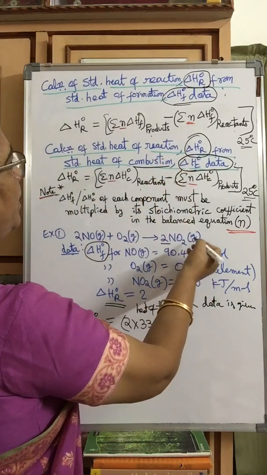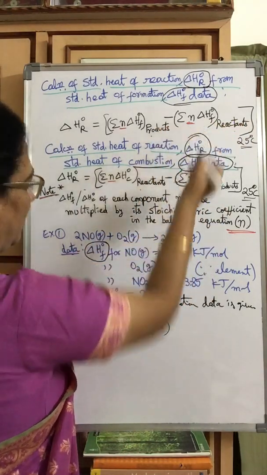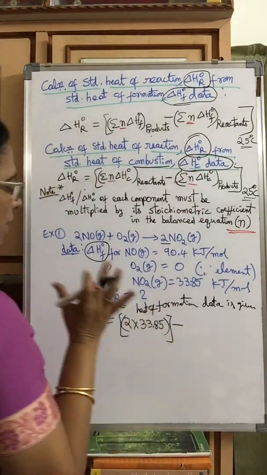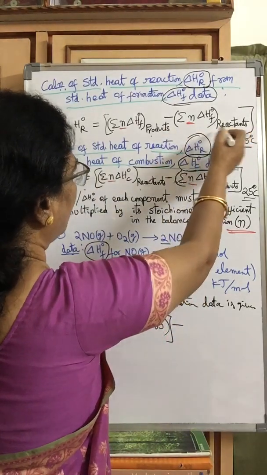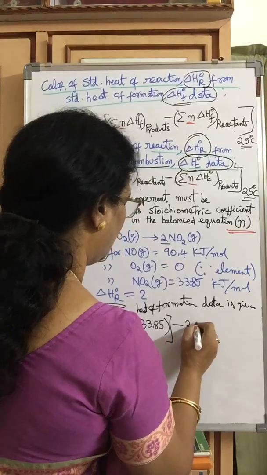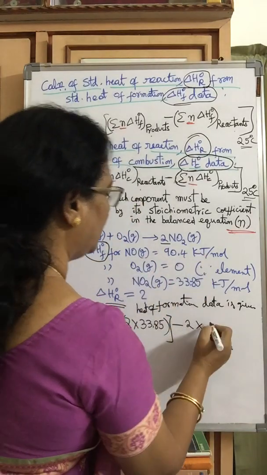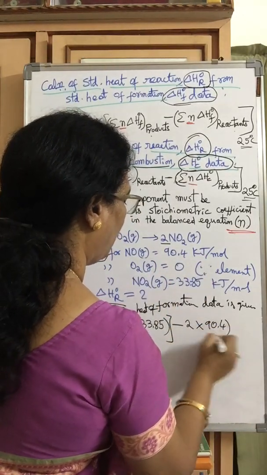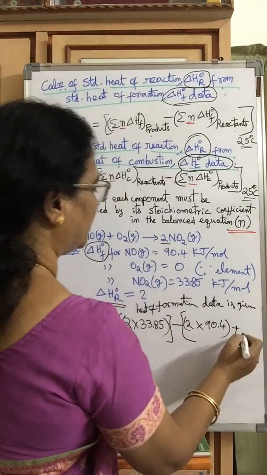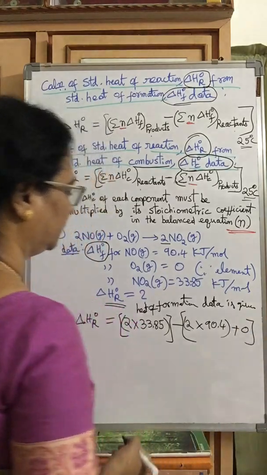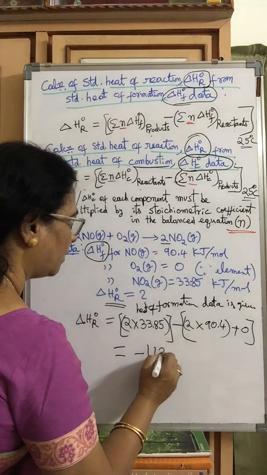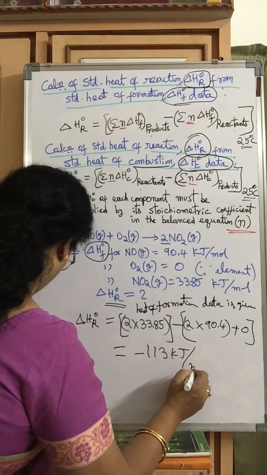Here only one product is there, so you can write brackets if you want. This is completely products minus reactants. The reactants are 2NO, that is 2 into 90.4, plus the reactant oxygen, that is 0. So this value is minus 113 kilojoules per mole.